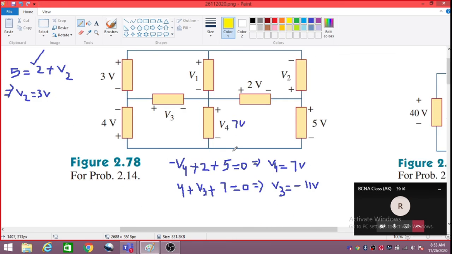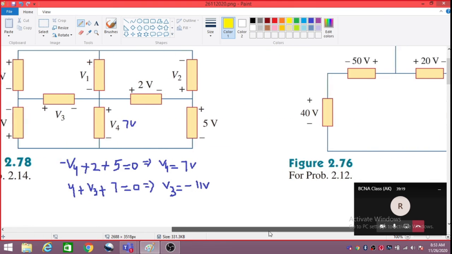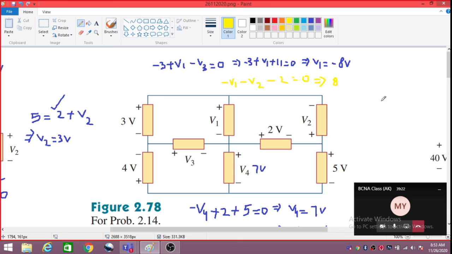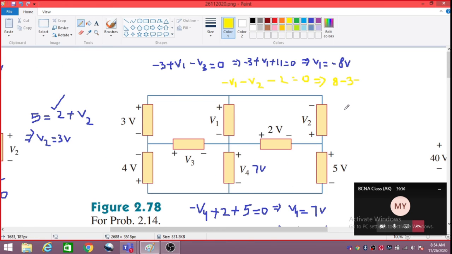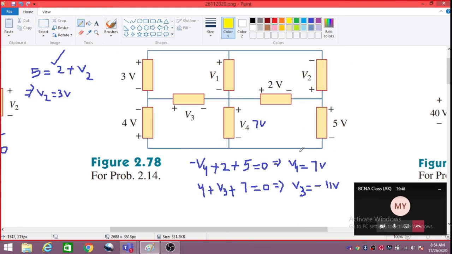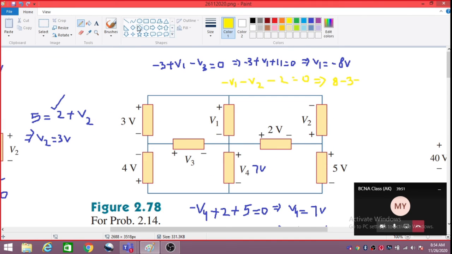What was V2? V2 we need to find out. Oh, sorry, why have I written it?